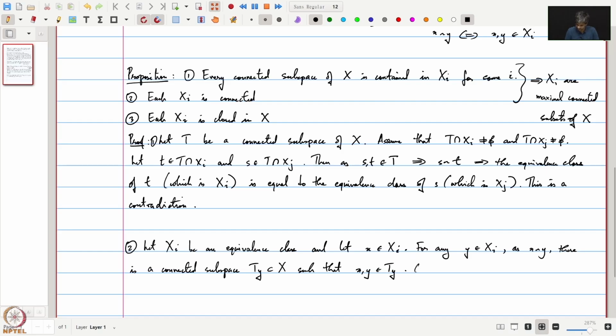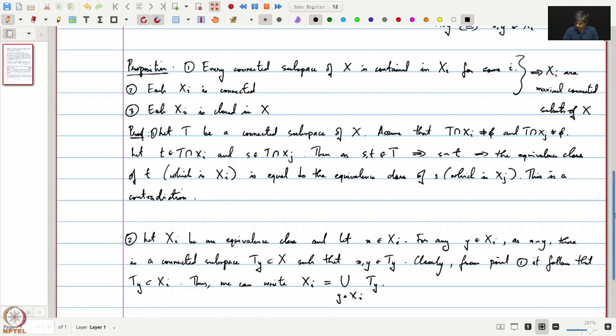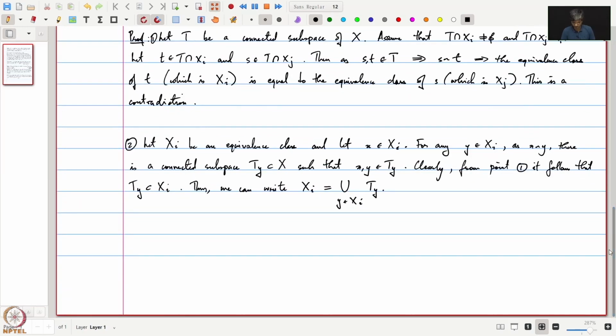So clearly, from point 1, it follows that T sub y is contained in Xi, right? So thus we can write Xi as a union over all these y in Xi of T sub y. Right.